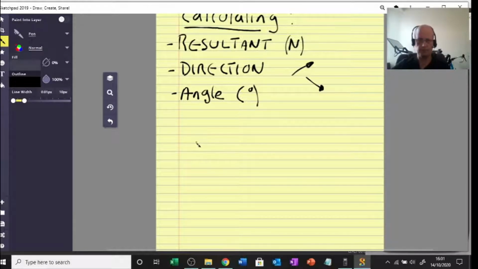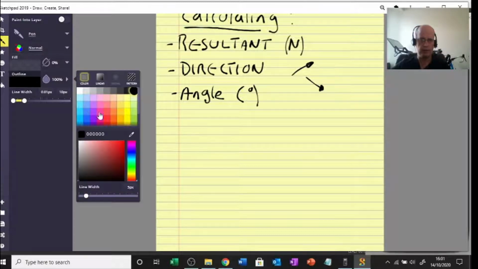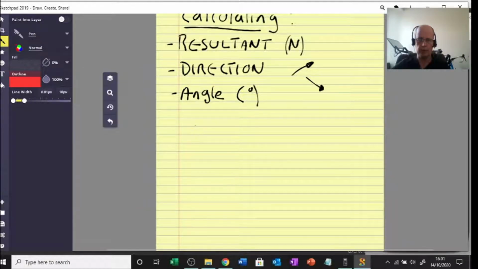One thing just to remind you is that obviously we can have a force on a part, doing this. That's easy because it's horizontal. We can add it up.